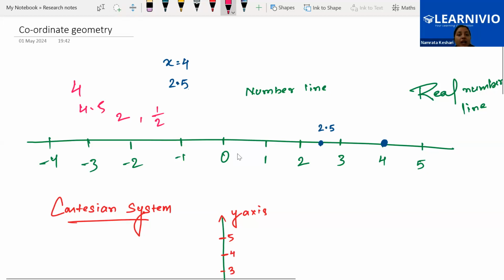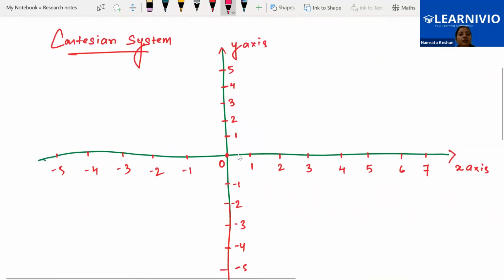But when we have a Cartesian system, only one number will not work. We have to take into consideration the x-axis and the y-axis, just like in the example, the street number and the house number. If anyone says x equals 5, then I don't know what y equals.